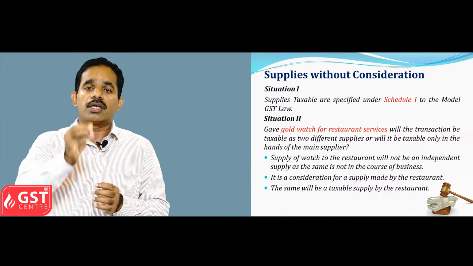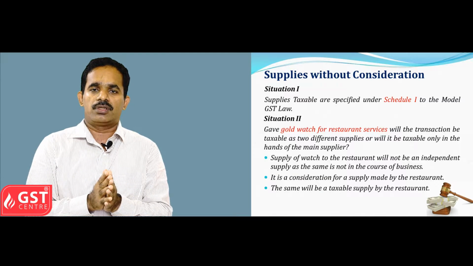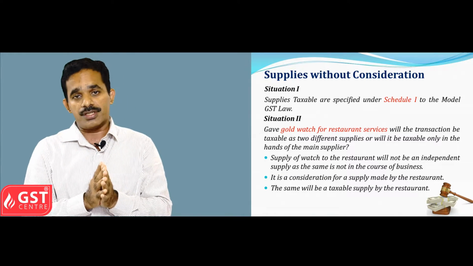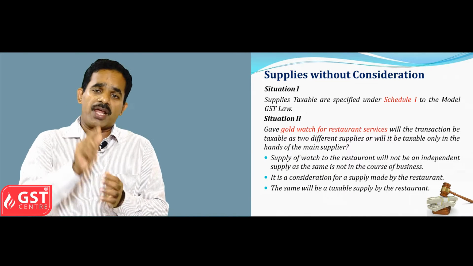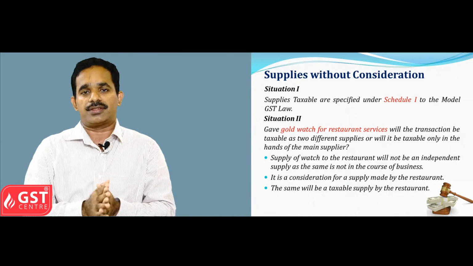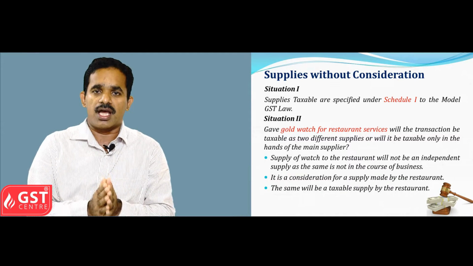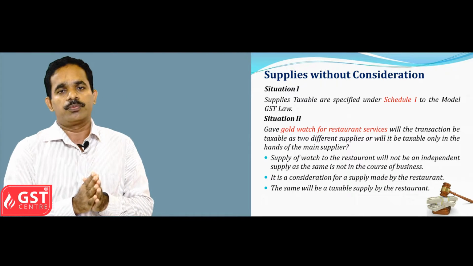That is, no consideration was paid to the supplier. In certain situations, even without consideration, the supply will be deemed as taxable supply as per the GST Act. Those transactions are listed as per Schedule 1 of the model GST law.